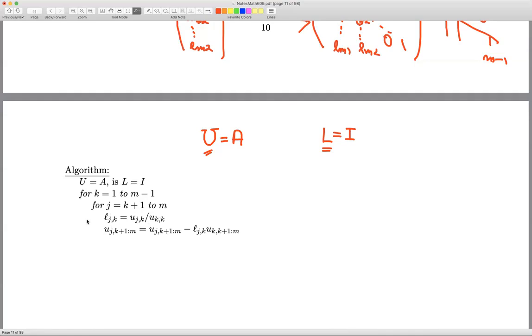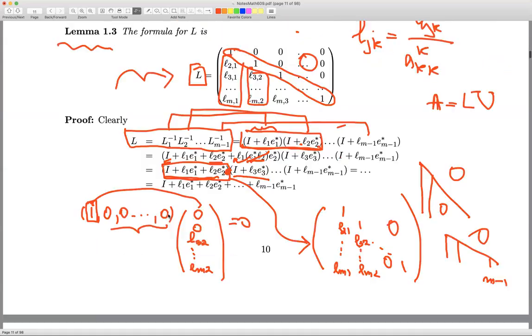We find the elements L. These elements will populate the lower unit triangular matrix. And then, as we discussed, the new entries of the matrix U from position k plus 1 to m will be equal to the entries from the jth. It is right here.